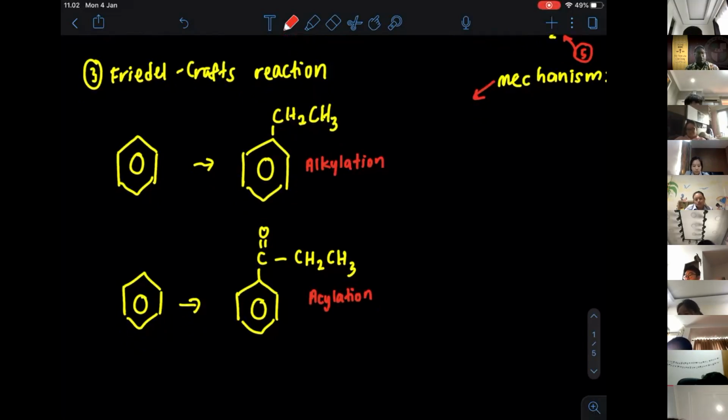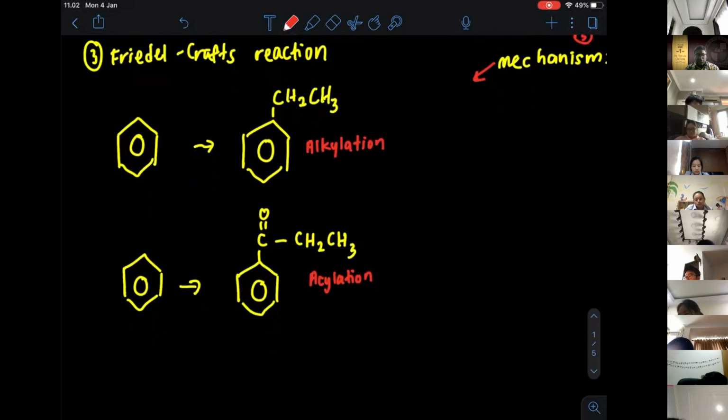So what is going to happen? Generally you need to understand what the benzene is going to react with. That is very important. In order for this reaction to go from here to here, what am I going to react with?